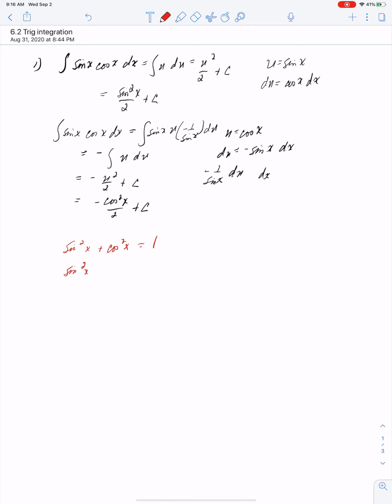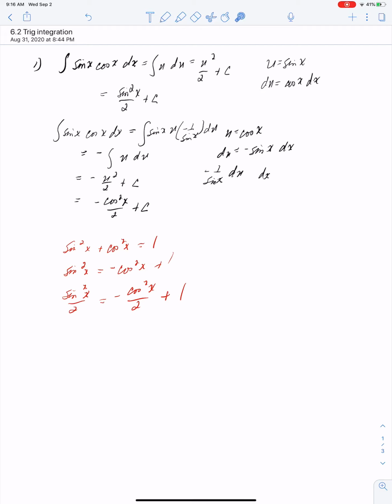Sine squared x then is minus cosine squared x plus 1, or sine squared x divided by 2 is minus cosine squared x divided by 2. Add 1.